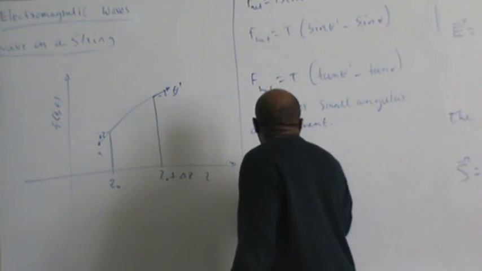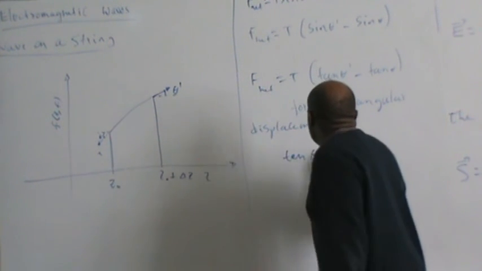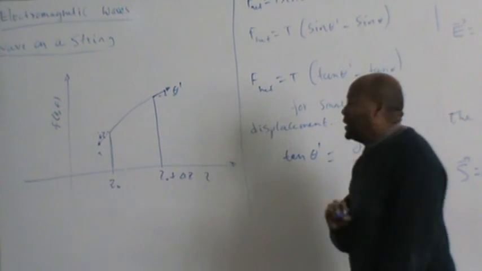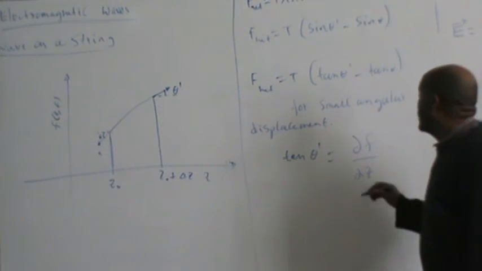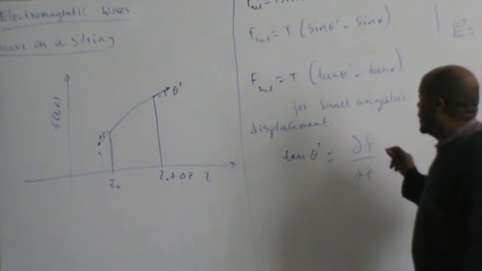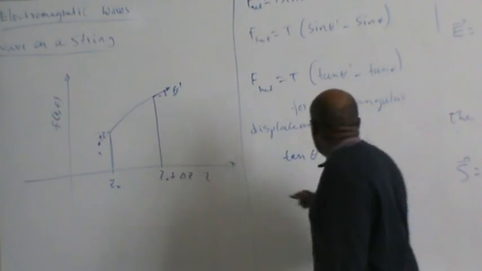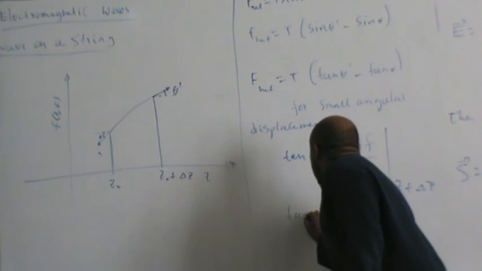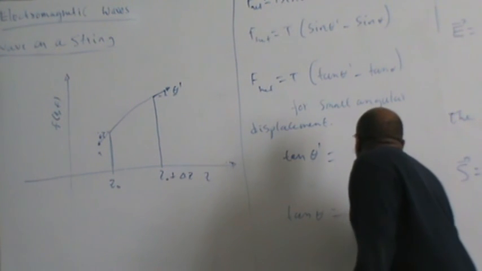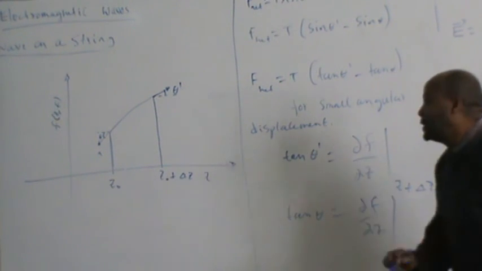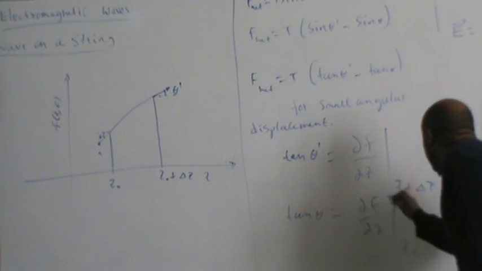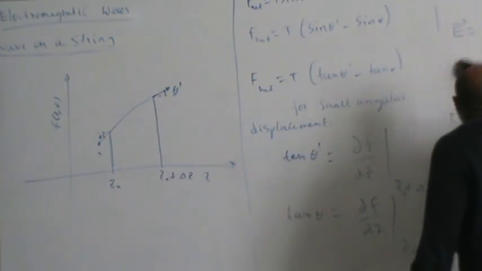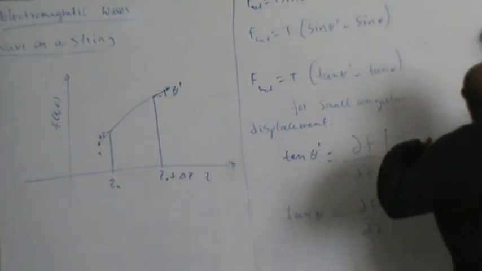So I can express tan of theta prime as the derivative of f with respect to z evaluated at z naught plus delta z. Similarly, tan of theta is df by dz evaluated at z naught.